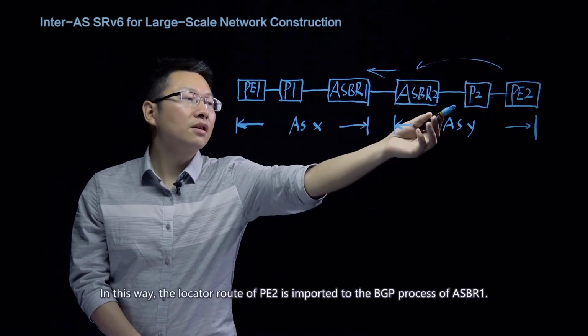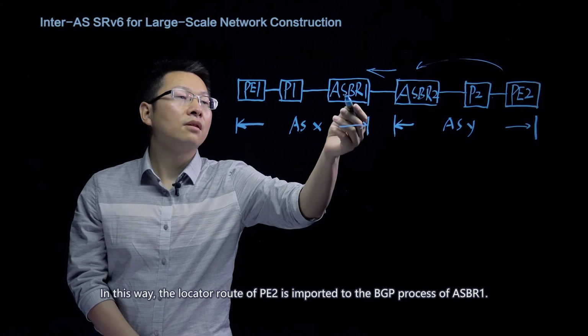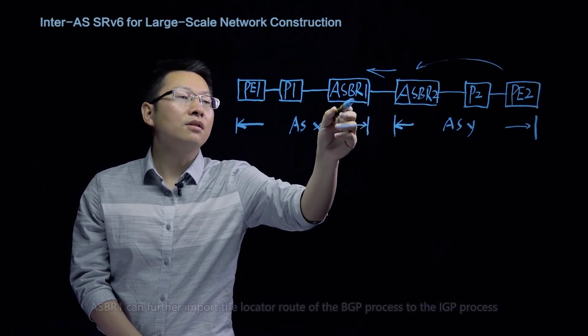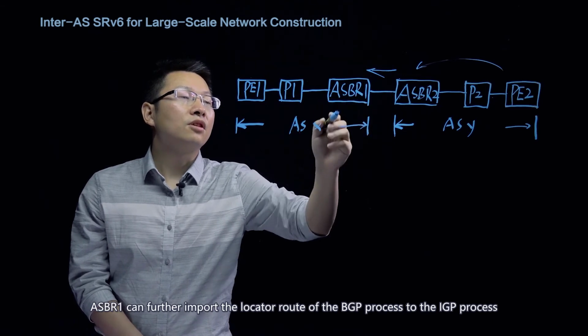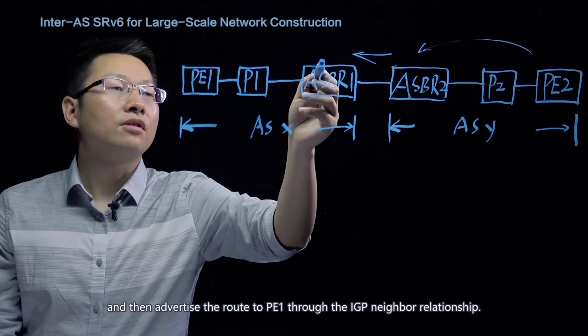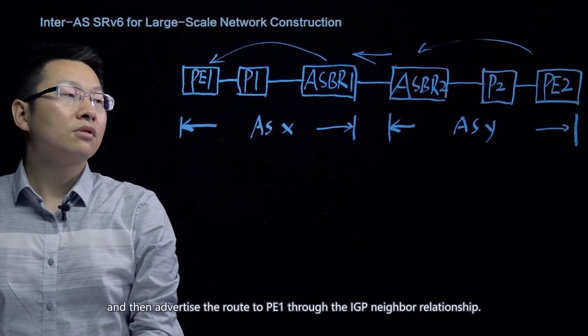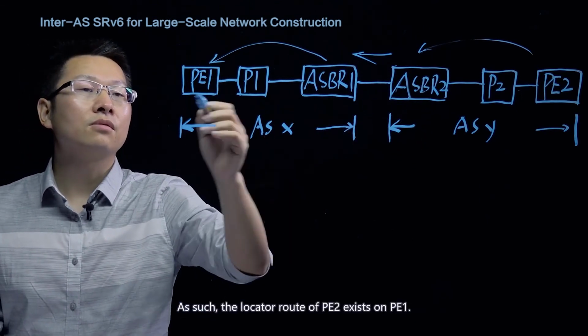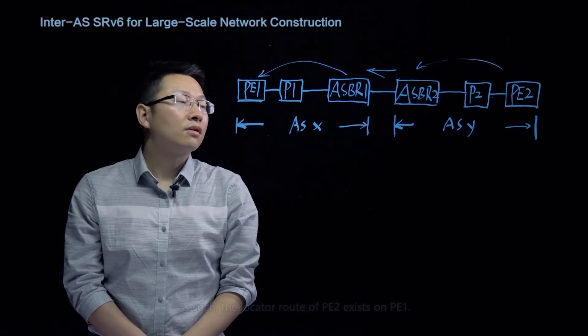In this way, the locator route of PE2 is imported to the BGP process of ASBR1. ASBR1 can further import the locator route of the BGP process to the IGP process and then advertise the route to PE1 through the IGP neighbor relationship. As such, the locator route of PE2 exists on PE1.